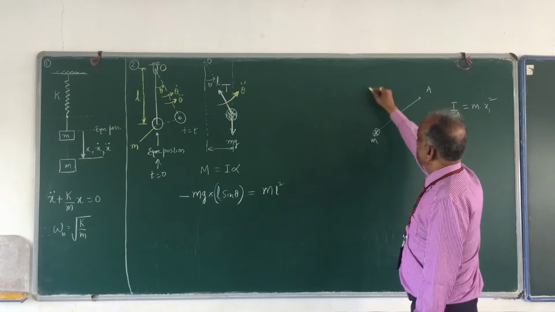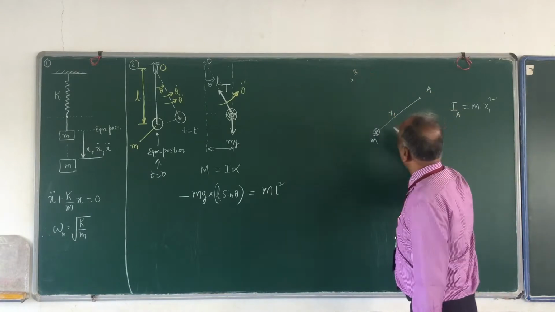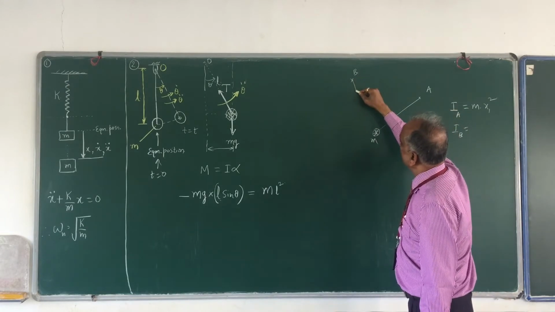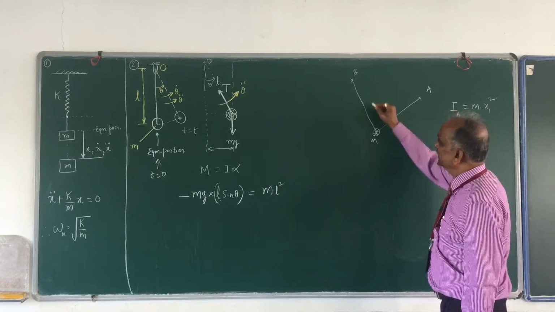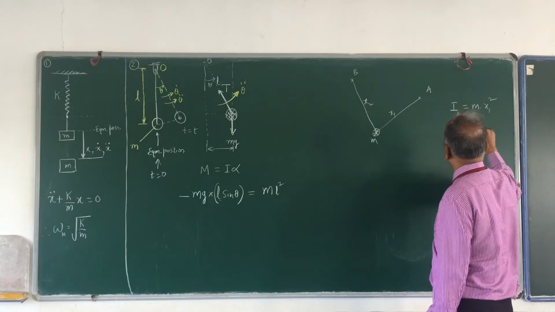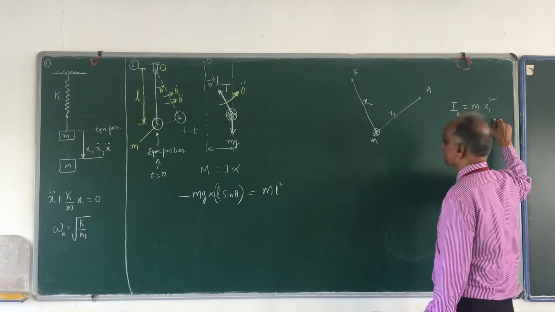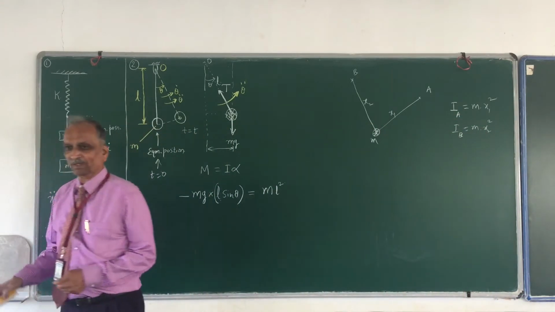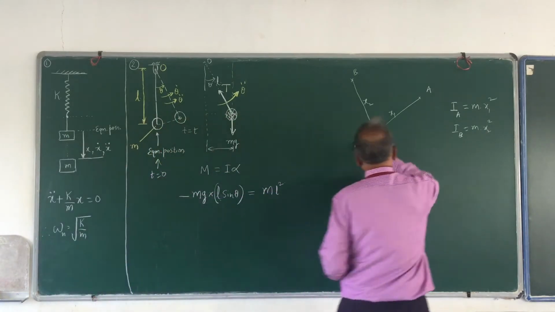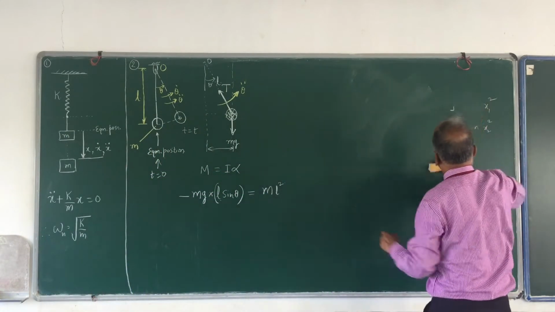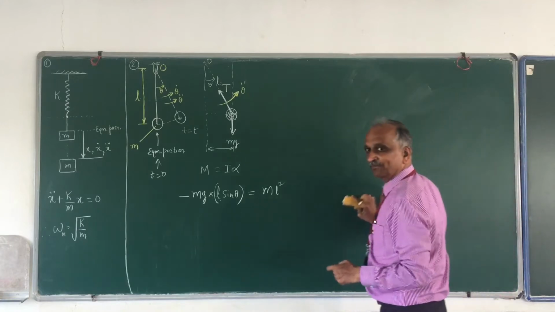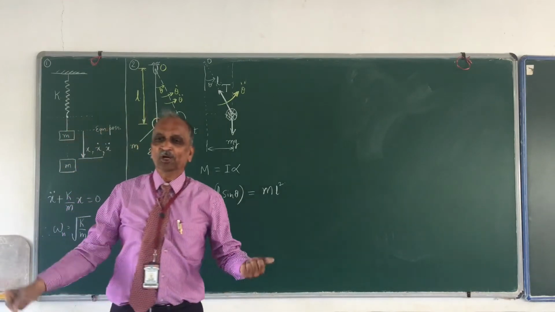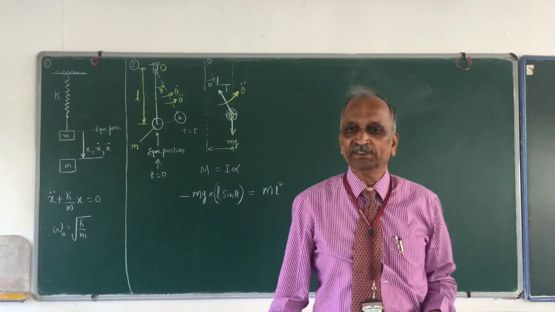I don't want about this. I have another point, say point B. I want to know what is IB. IB is nothing but find out the distance between B and m. If this is x2, then IB is equal to m into x2 square. So like that, moment of inertia of a point mass, please remember, of a point mass, is nothing but the mass multiplied by the distance between the mass and the point about which the moment of inertia is required.